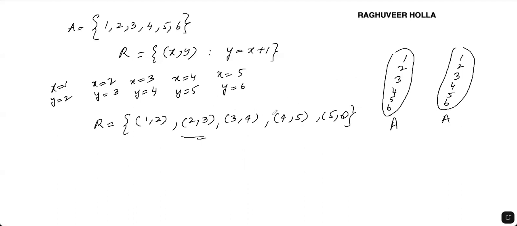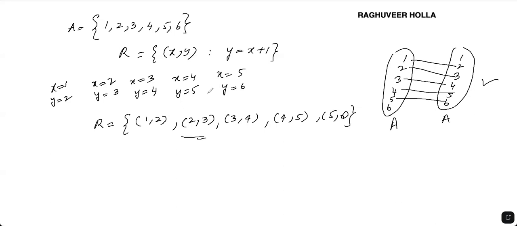The domain will be 1, 2, 3, 4, and 5, that is the first elements, and the range will be 2, 3, 4, 5, and 6, which are the second elements.